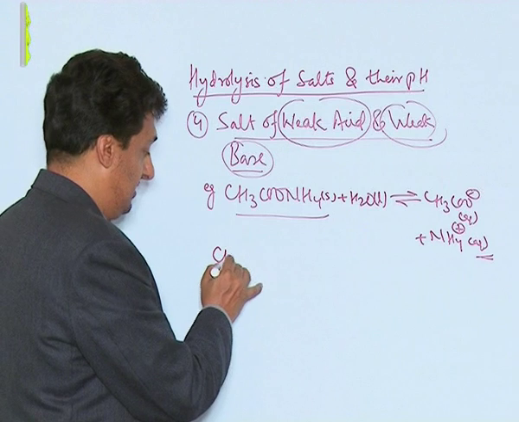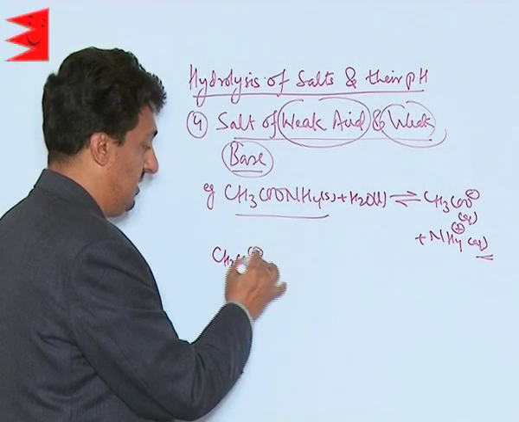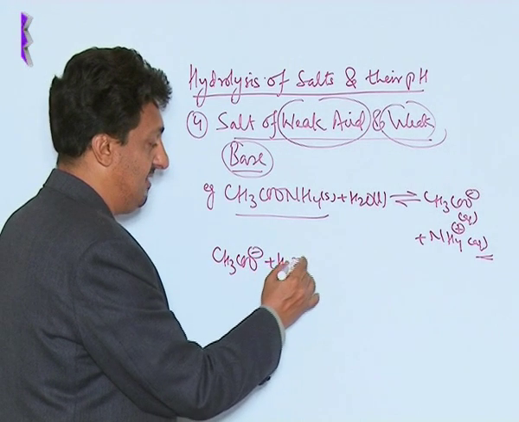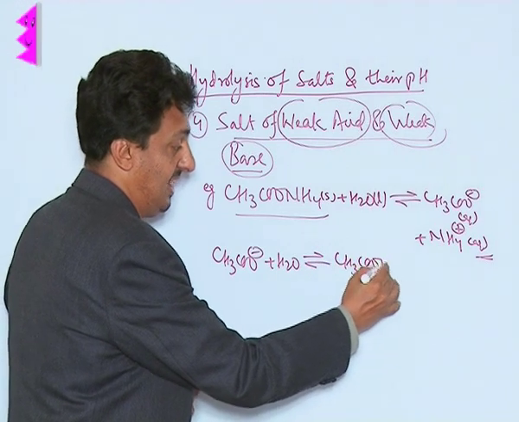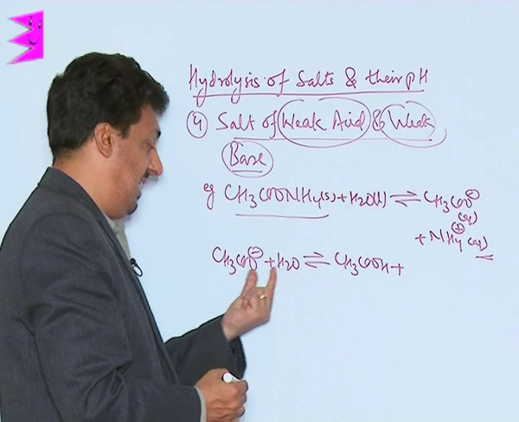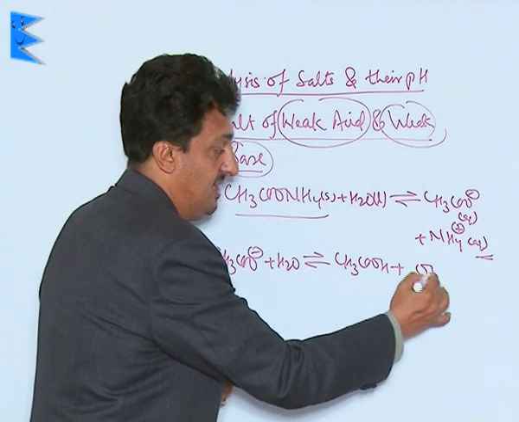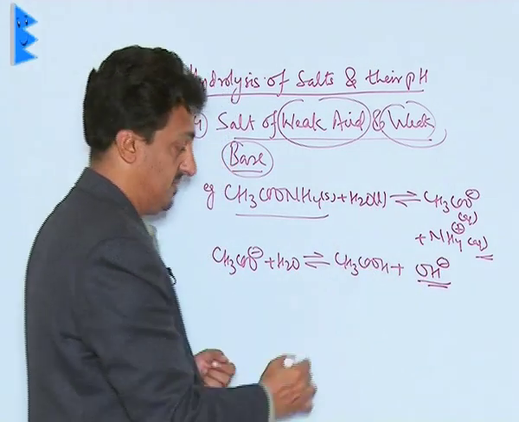How? Let us see this. This acetate ion will react with water, get hydrolyzed and form acetic acid. Since it has taken H out of water, it will release OH minus ions.